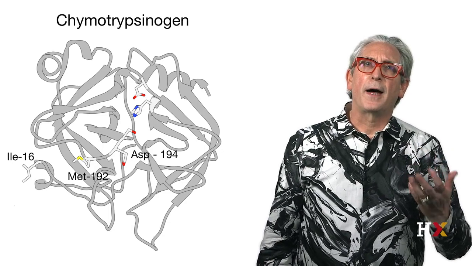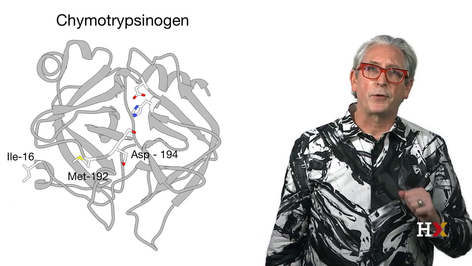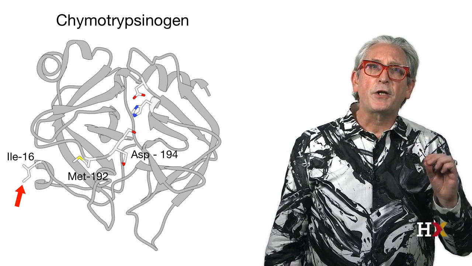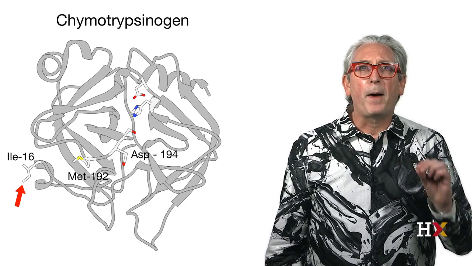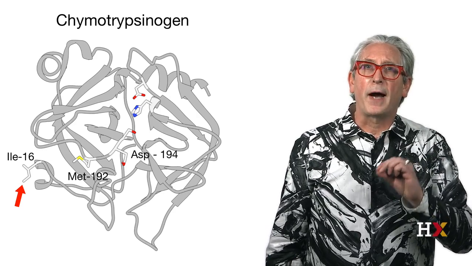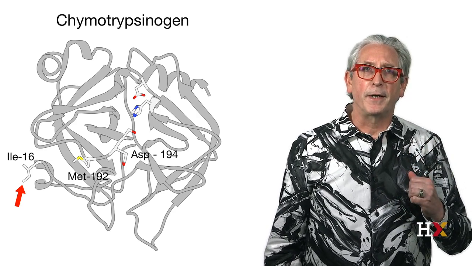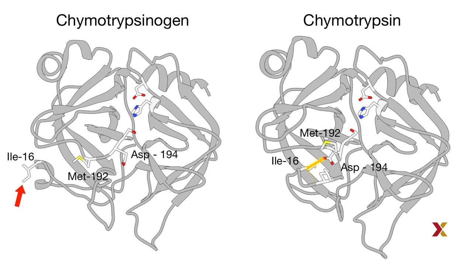What does occur at the structural level when chymotrypsinogen is converted into chymotrypsin? The side chain of isoleucine occupying position 16, here shown by a block arrow, points toward the exterior of chymotrypsinogen. As you remember, trypsin cleaves the peptide bond between residues 15 and isoleucine 16. Upon cleavage, isoleucine 16 can pivot and turns inward.